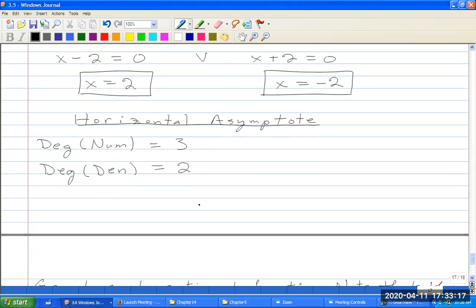Since the degree of my numerator is greater than the degree of my denominator, there is no horizontal asymptote.